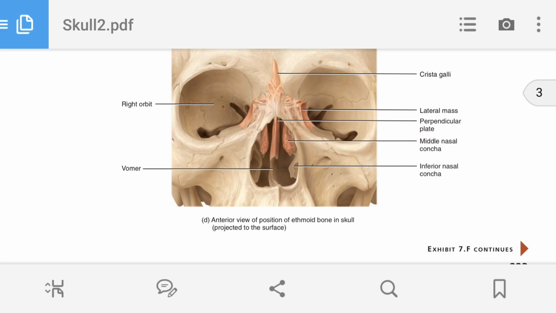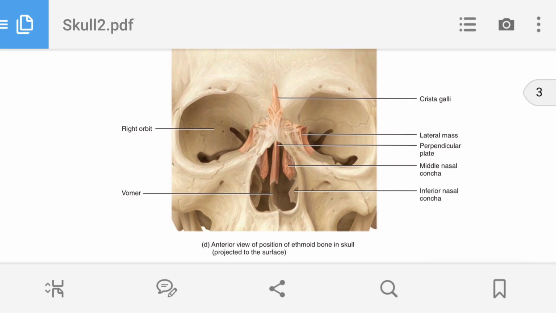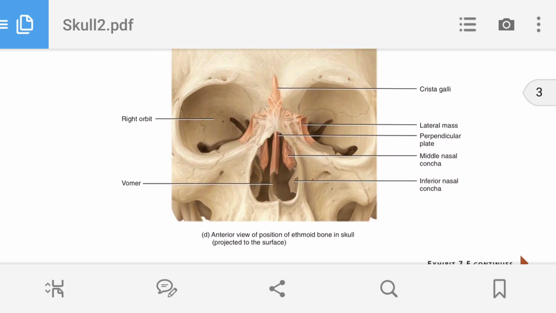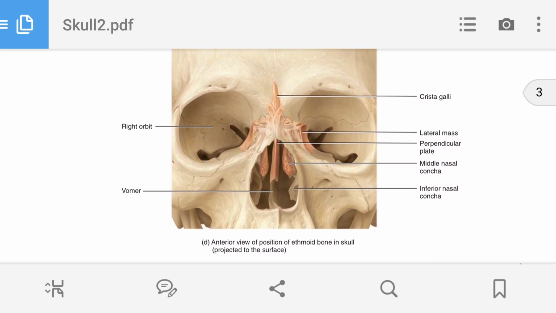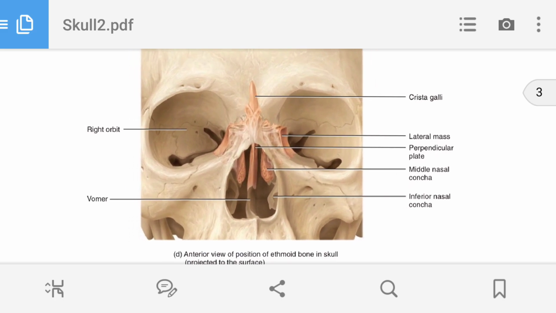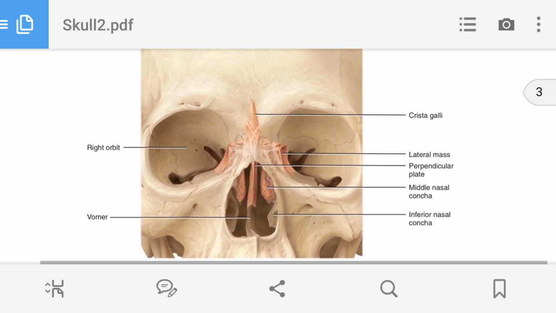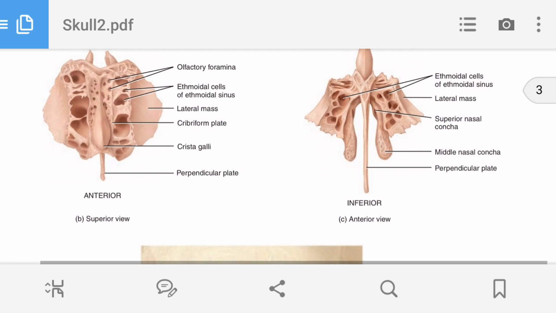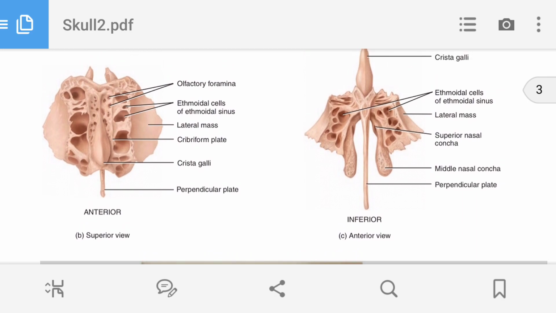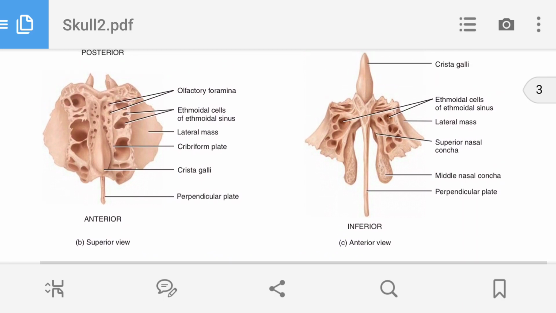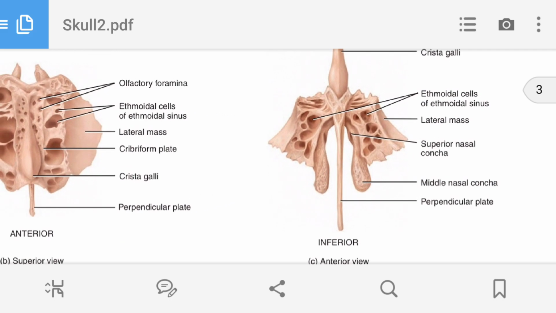Now for this figure they have used color. It is not that it is a different color, but to separate that bone they have used another color. Ethmoid bone, superior view and the anterior. This one is the anterior, and the same bone, but this is the inferior view.